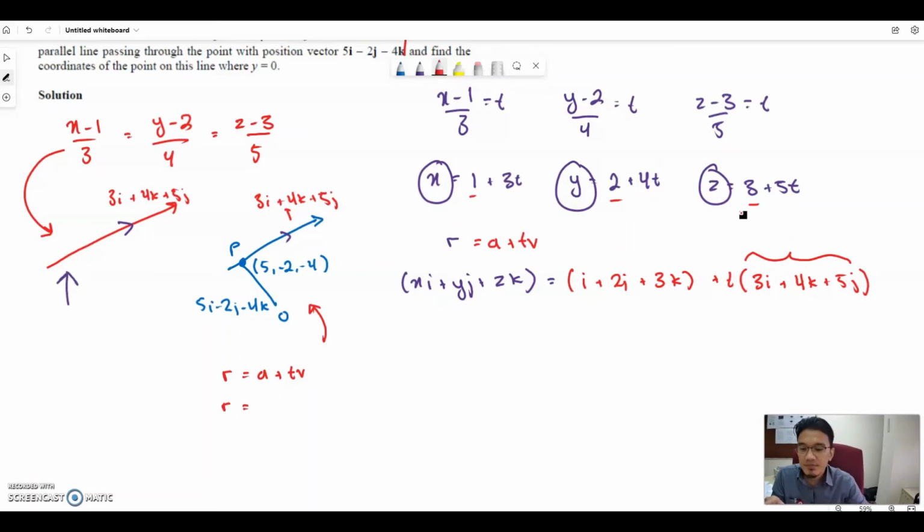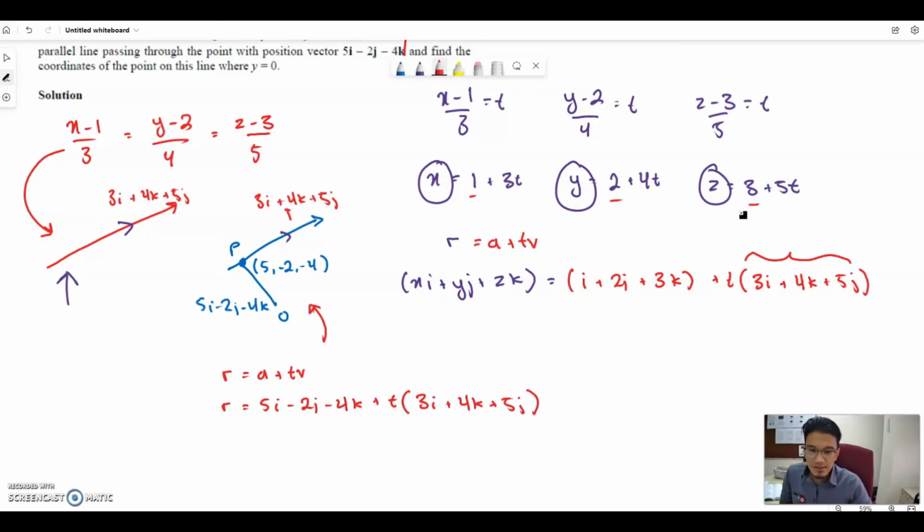Our a is the position vector for our fixed point, which is 5i minus 2j minus 4k, plus t times the direction vector, that is 3i plus 4j plus 5k.